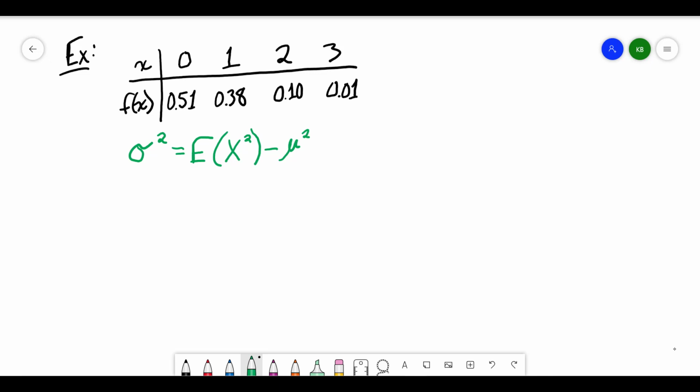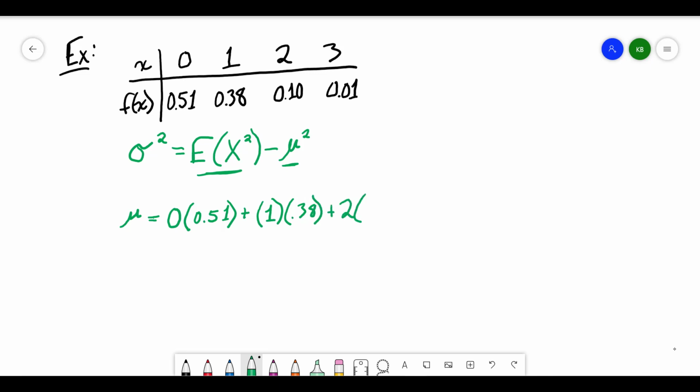So in order to use the theorem, we need to calculate both the mean and the expected value of our random variable squared. So to calculate the mean, we're going to take our value x, and we're going to multiply it by the value of the probability distribution at that point. So 0 times 0.51, and we're going to add to that the next value that our random variable can take, 1, times the probability distribution value at that point, so 0.38.